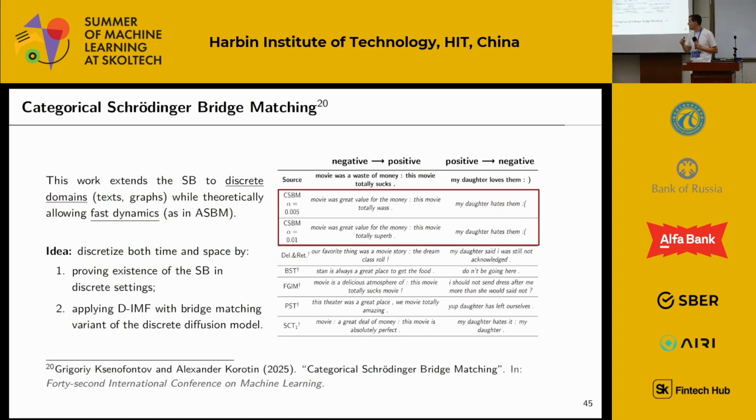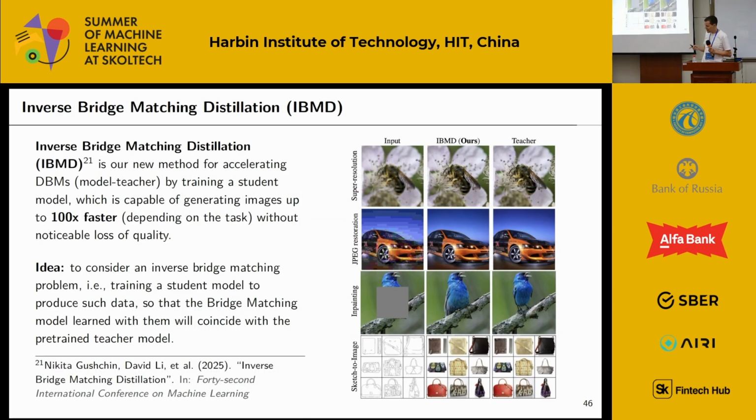And finally, this can be applied to discrete diffusions as well. We have a paper related to this called categorical Schrödinger bridge matching. For example, you can apply it to texts. And finally, all these diffusion bridge models provide very good quality, but they are very slow because they anyway need to simulate a diffusion process. But you can distill them.